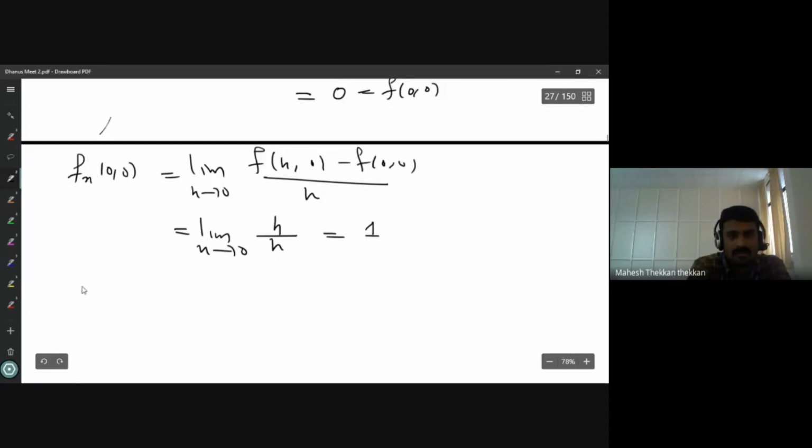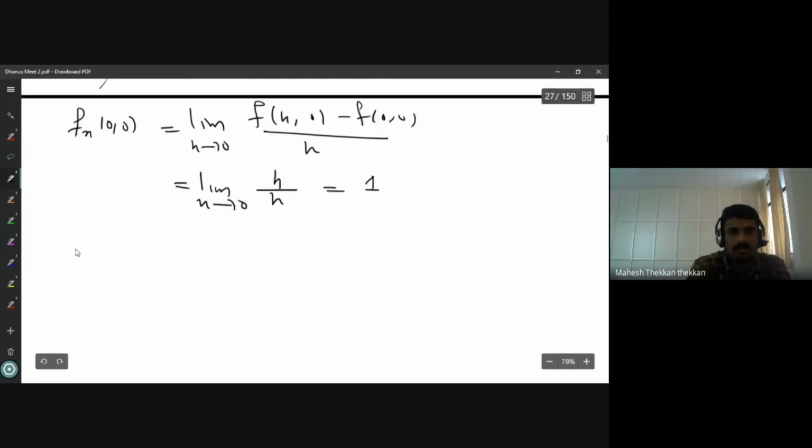What about f_x in general, at any point? I will come to why I want to look at any point. Just before that, I will look at whether the partial derivative with respect to y exists. So look at f_y at (0, 0).